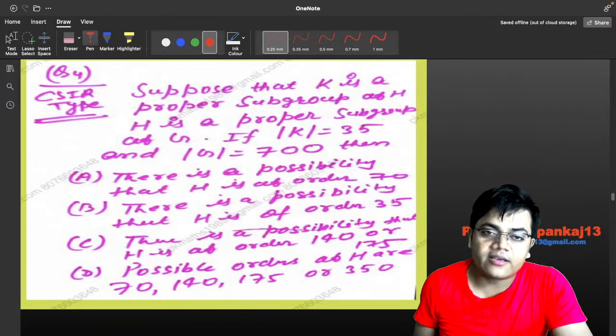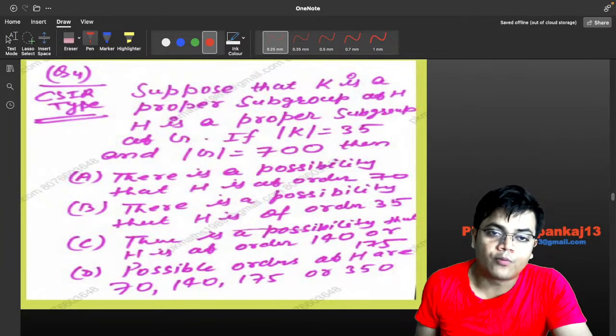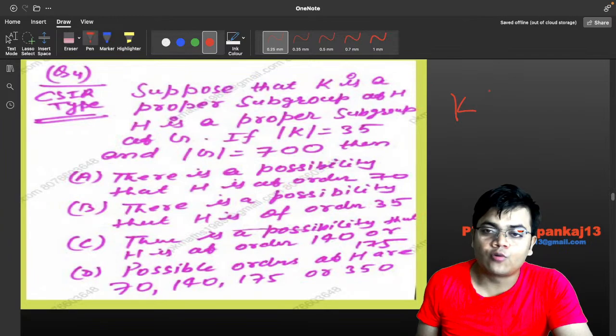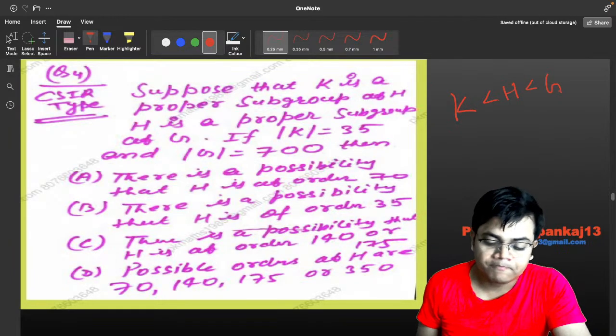Suppose that K is a proper subgroup of H and H is a proper subgroup of G. This is given.